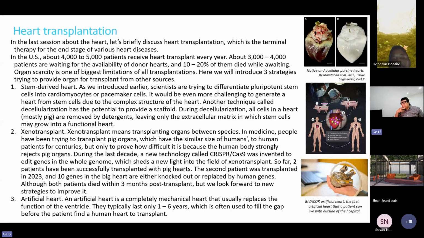Here I have listed three latest progresses in the field of heart transplantation. The first one, the same thing we mentioned before, people can produce heart muscle, heart cardiomyocytes, from stem cells. And the thing is, the approach that we talked about before only treated heart attack.